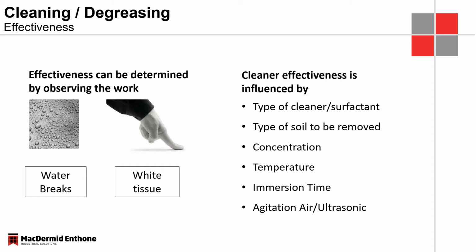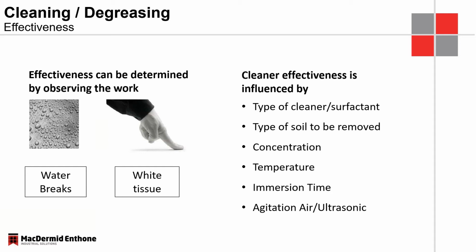So when we talk about the effectiveness of a cleaner and how to assess if the cleaner in the anodizing line actually works, there are two ways of doing that. One is actually walking up to the work after cleaning and rinsing and observing any water breaks on the surface.